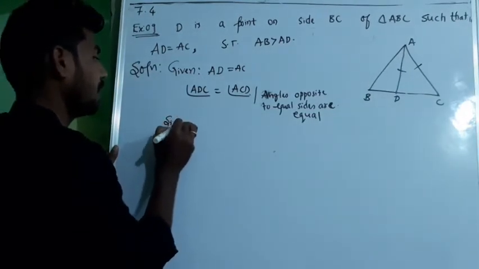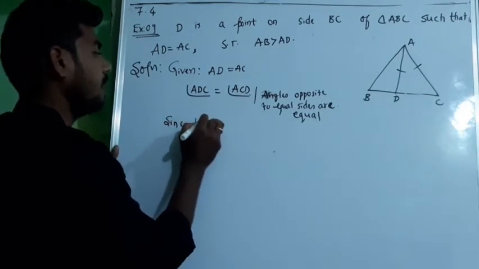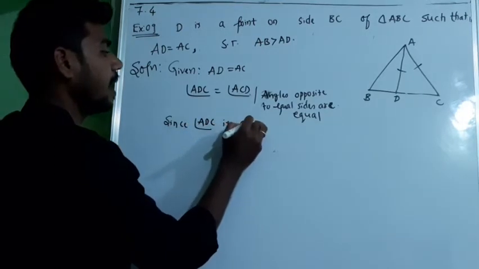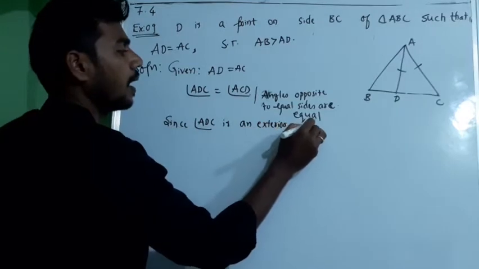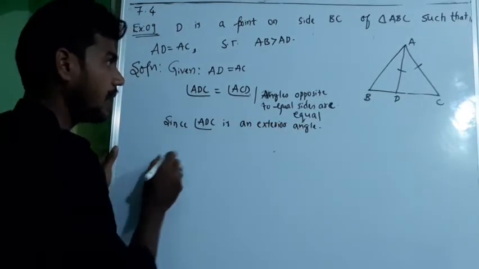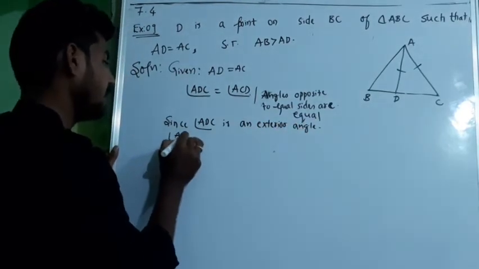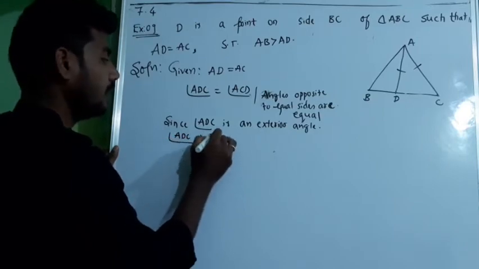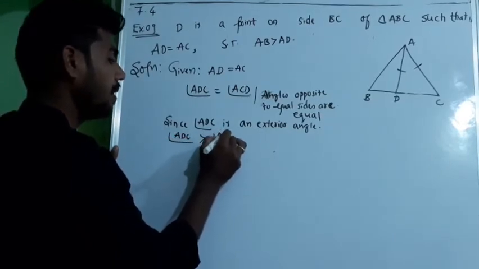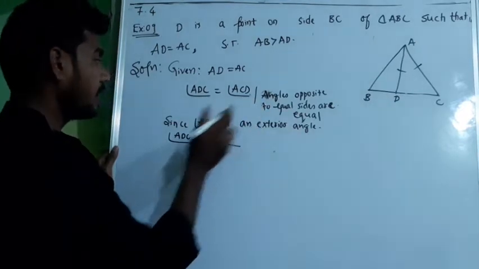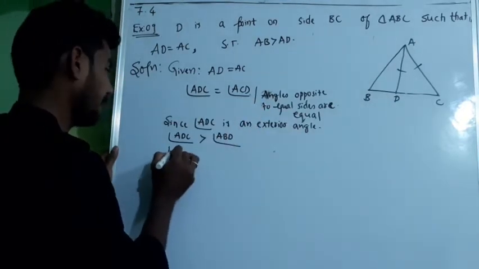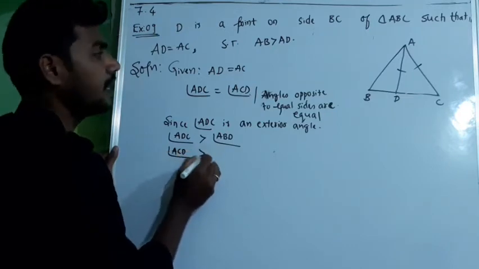Since angle ADC is an exterior angle, what can I write now? I can write ADC is greater than angle ABD. So instead of ADC, what can I write? I can write it as ACD is greater than ABD.